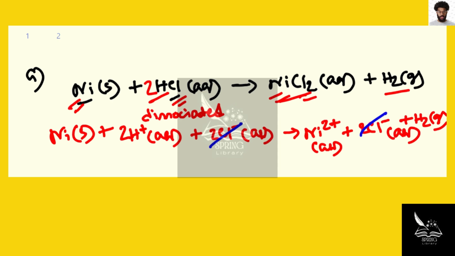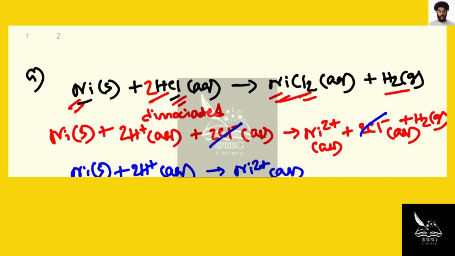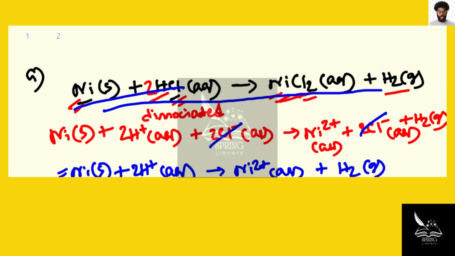Just cut the chlorines and we write the net ionic equation: nickel plus 2H plus gives nickel 2 plus in aqueous plus hydrogen gas. So this is our net ionic equation for this reaction, and this is our balanced molecular equation.